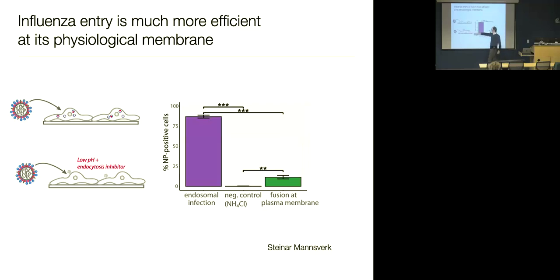So the virus is much more efficient at infecting via its physiological pathway than via sort of forcing it to fuse at the cell membrane.